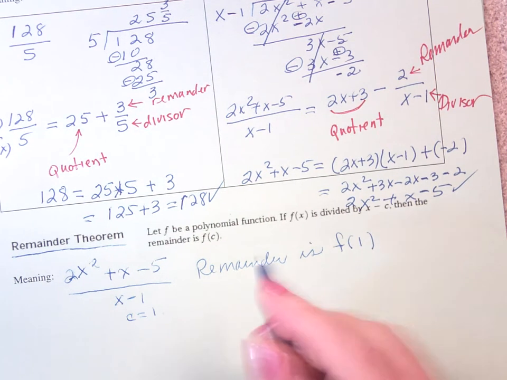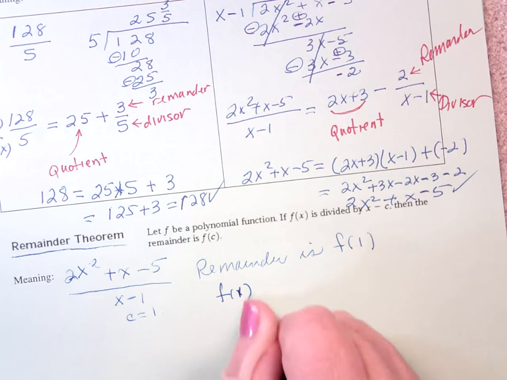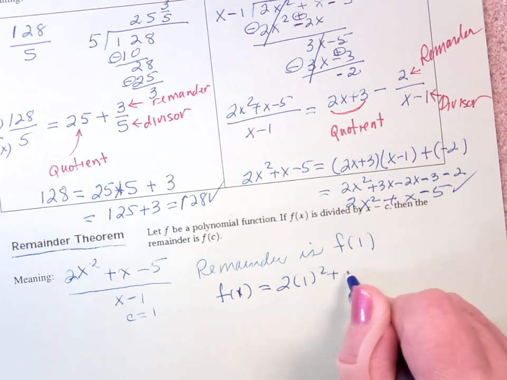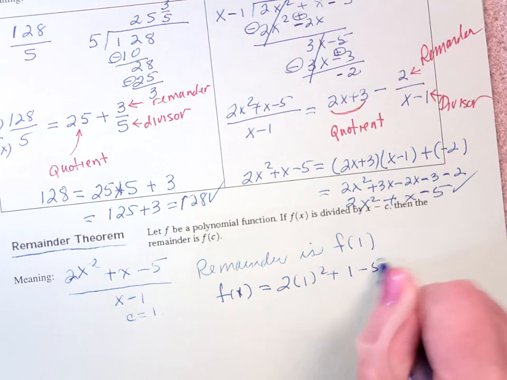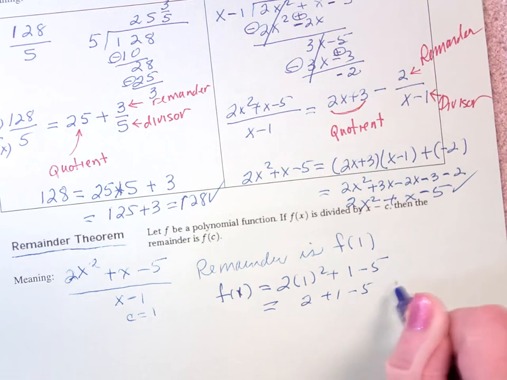Well, let's see. F of 1 equals 2 times 1 squared plus 1 minus 5, which is 2 plus 1 minus 5, which is minus 2.